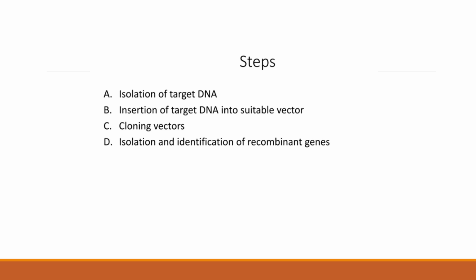This recombinant DNA will be introduced into a host cell, and the host cell is then multiplied by the process of cloning, and finally, isolation and identification of the recombinant genes for the production of proteins, drugs, etc.